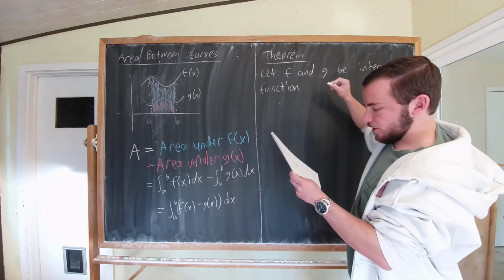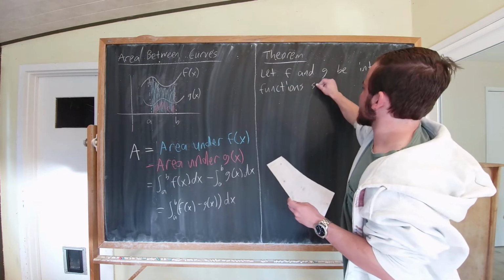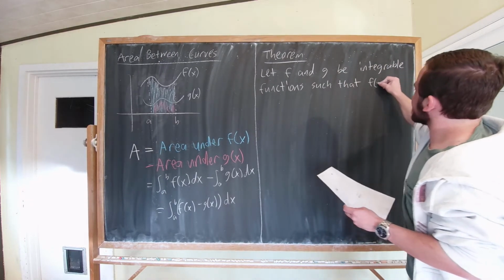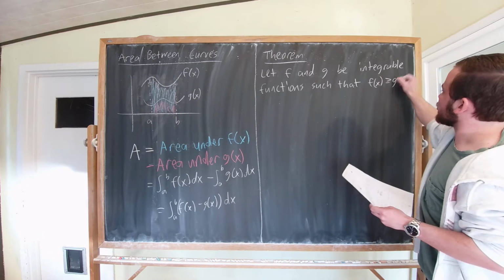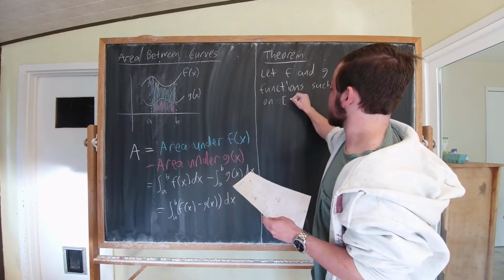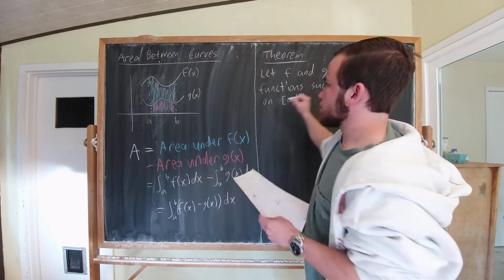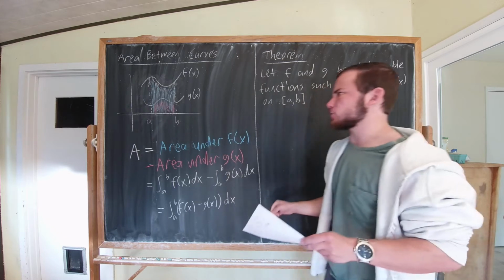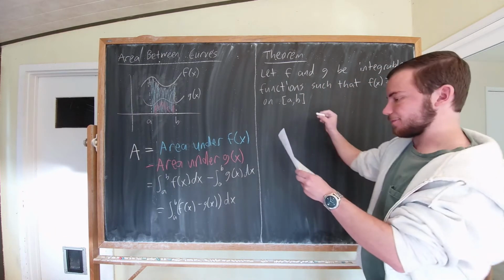Let f and g be integrable functions such that f of x is greater than or equal to g of x on a to b. So we'll notice here that our function f of x was completely above g of x, and that's why this whole thing is working together.